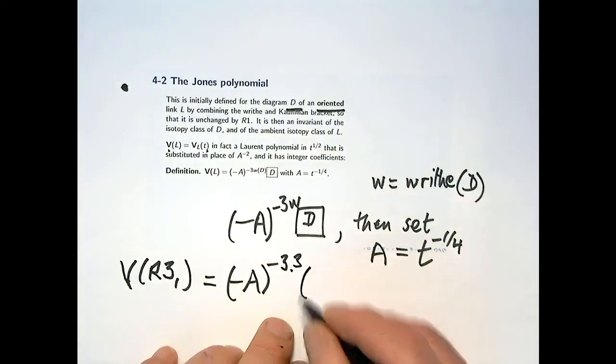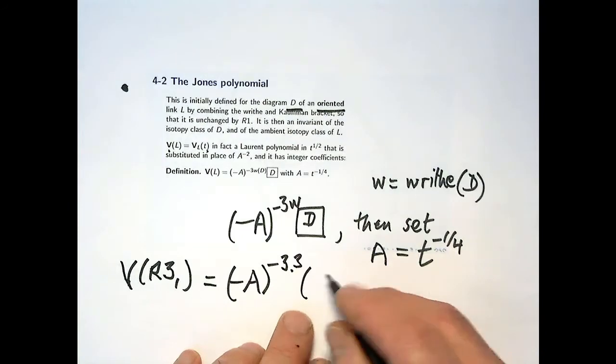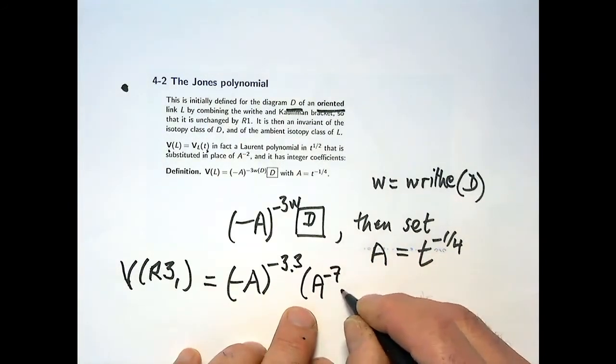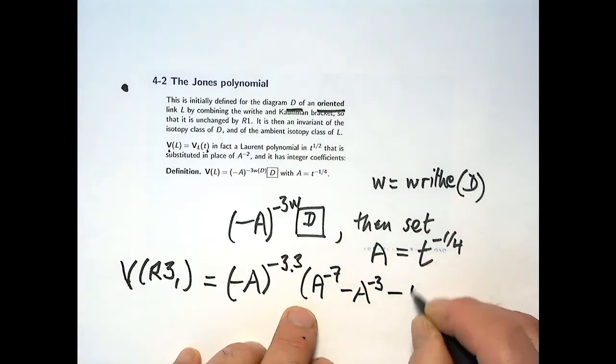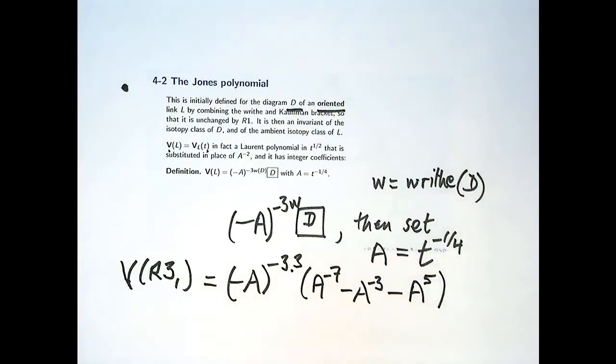And we know what the Kauffman bracket is, almost by memory: A to the minus 7 minus A to the minus 3 minus A to the 5. That's the Kauffman polynomial until such time as we use this substitution.